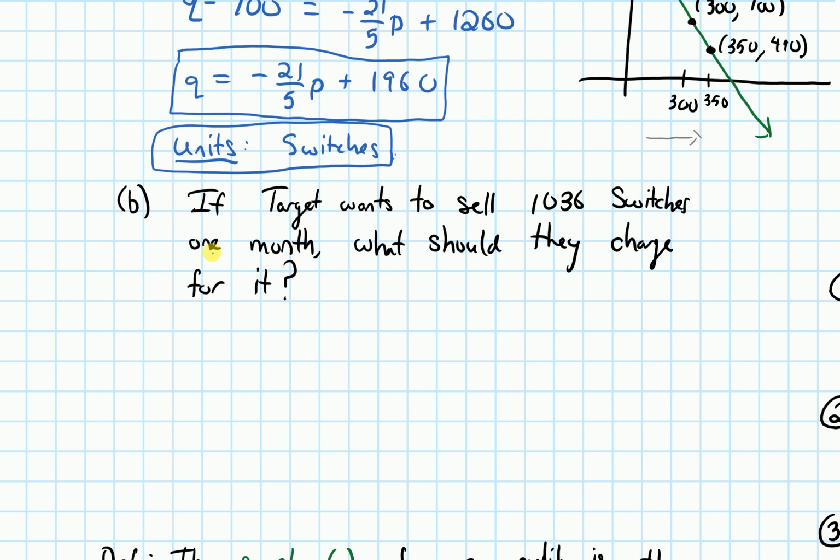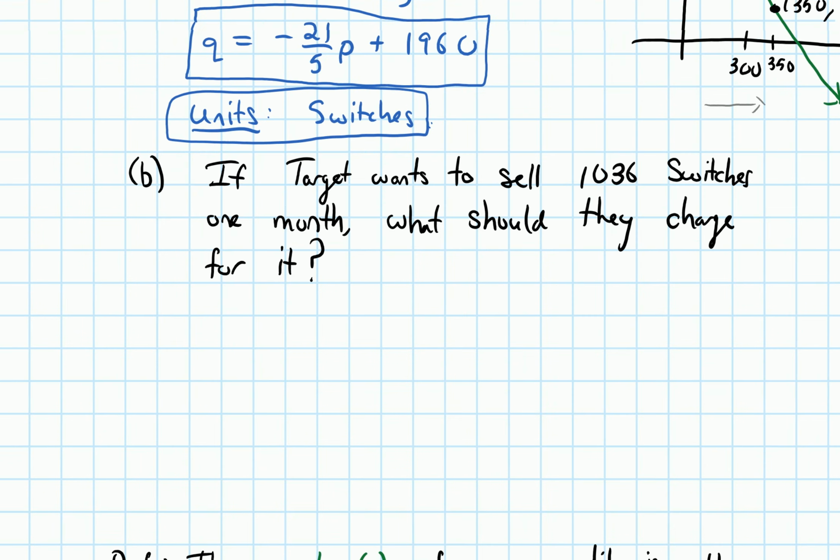So we don't really need to worry about the fact that our time period here is 1 month. The problem was already assuming that the time period for demand was 1 month. Okay, so if Target wants to sell 1,036 switches, what that means is they need, sorry about that, not sure what happened there.